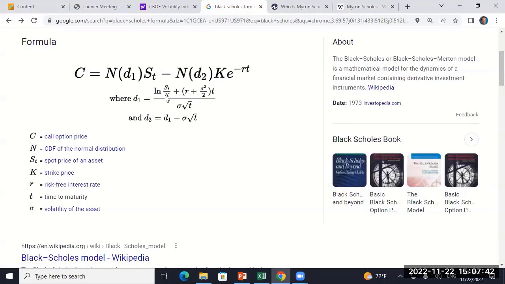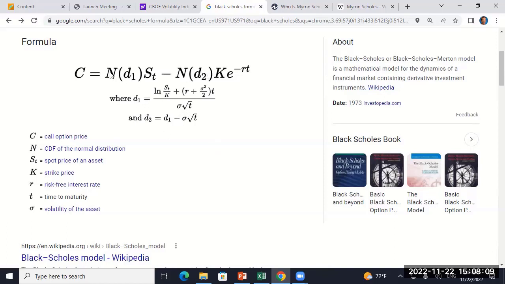So they're baseball players and not bowlers, so they use K. What do you think R is for? The risk-free rate. Sigma is volatility. Sigma squared is variance. T, any guesses on T? Time, right? And so these N's and D's, the D's is this formula.